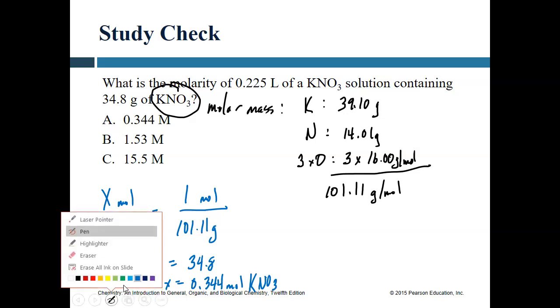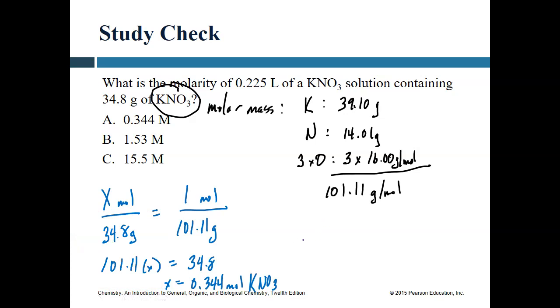The last step: molarity is equal to moles of the solute over liters of solution. We now have our moles of solute, it's 0.344. And our liters of solution was given to us in the problem, 0.225.